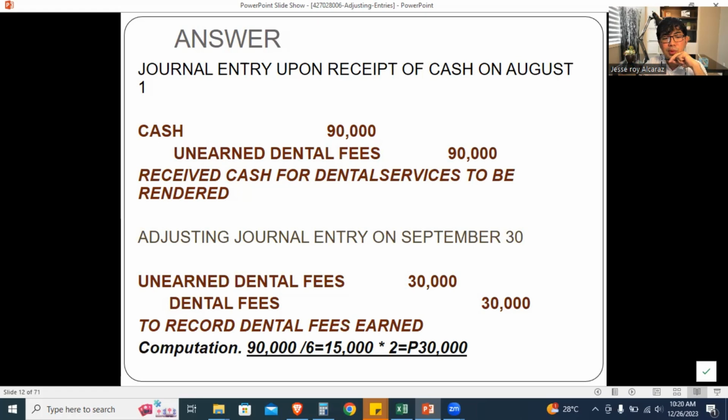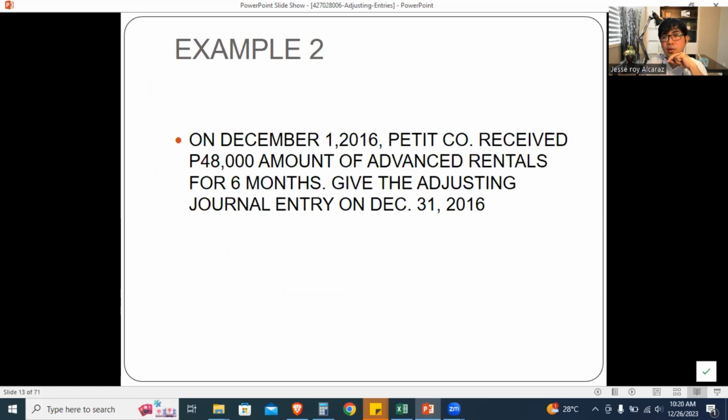Mga nato sa atong compute. Therefore, kailangan na nato siya bawasan ang atong utang, unearned dental fees, 30,000 pesos, and then credit dental fees. Gibawas na nato. At saan gibawasan nato atong utang and we record an income for the portion that we have already rendered service.